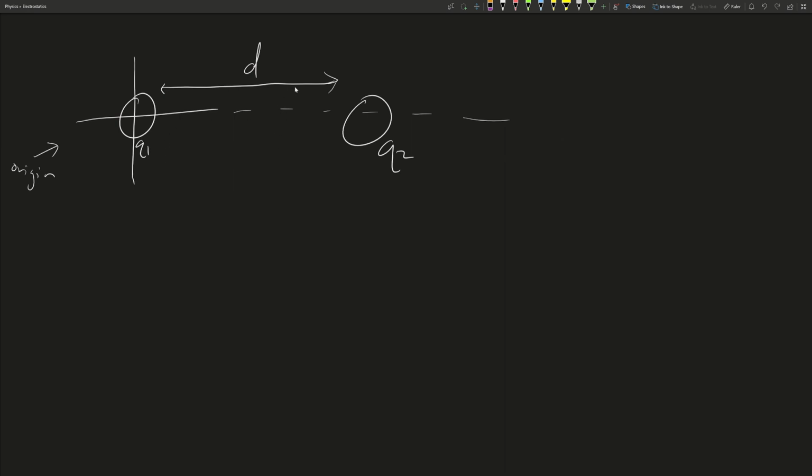There are two cases we can consider. The first case is that both of these have the same sign, and again, we want to find the place where a positive charged particle can rest between them such that there's no net force. So the sum of forces here equals 0.